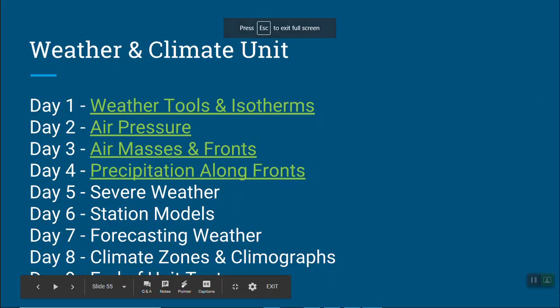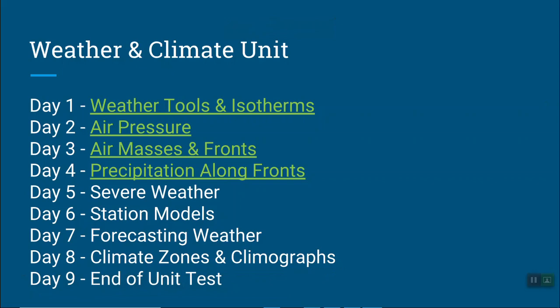You've come a long way since the beginning of the weather and climate unit. We started this unit on January 8th. We started out looking at weather tools like anemometers and barometers, and then we looked at isotherms on maps. On day 2, we looked at isobars on maps, and we also looked at low pressure, lousy weather, high pressure, happy weather.